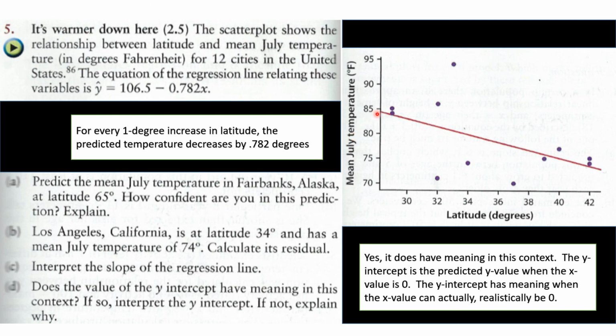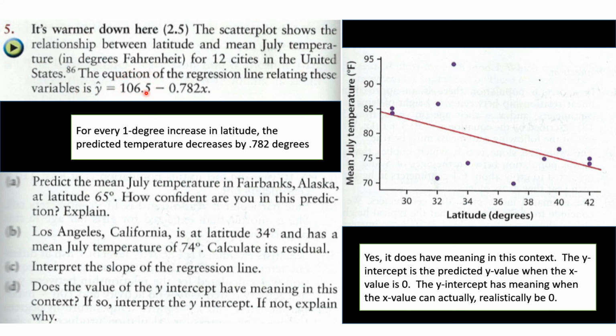Hold on. I'm sorry. No, this is not the y-intercept, because right here this corresponds to like 28. We have to see when the latitude is 0, not when it's 28. So when it's 0, the predicted July temperature is going to be this 106.5.